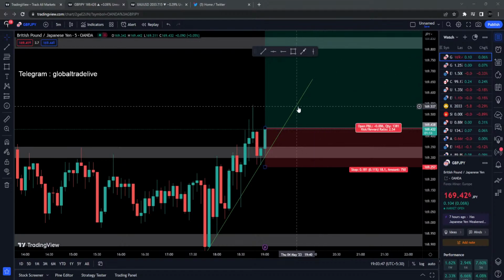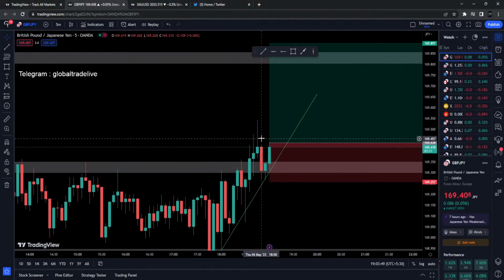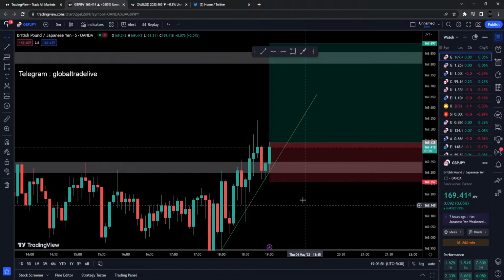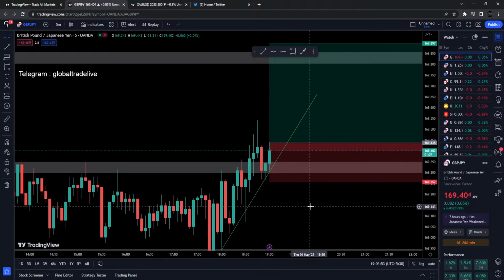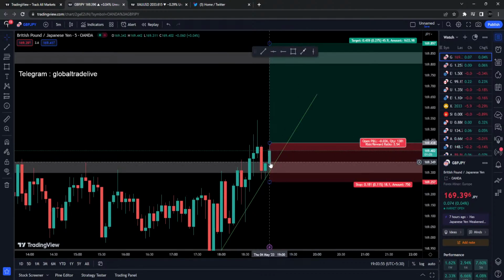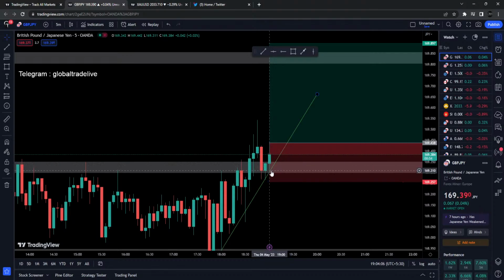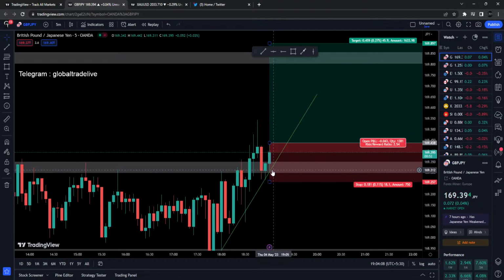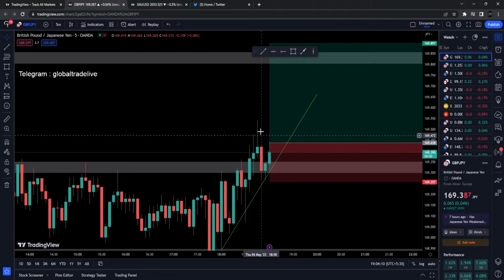So now let's see if we can get a bullish move coming up. My idea over here is, if this candle comes back down under this area, then I'm going to close 50% of the trade, and I'm going to close another 50% if this breaks its own wick. So let's see if we can get a bullish move or not.